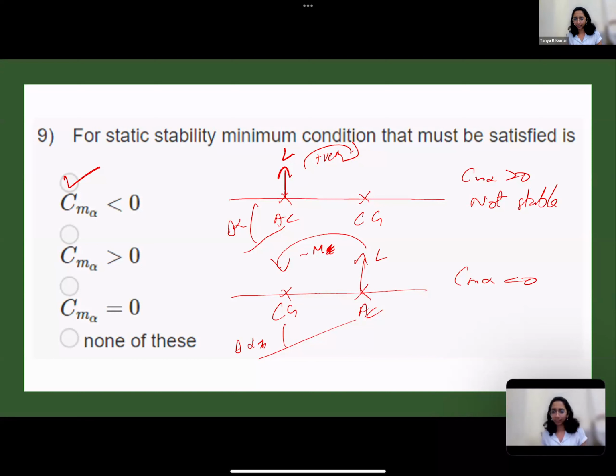Again, I think I had discussed this. I am waiting. What is the pitch axis? There is an axis from the nose to tail.